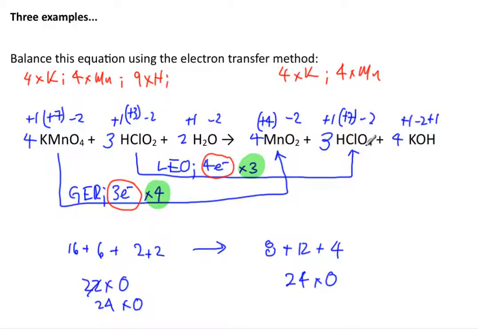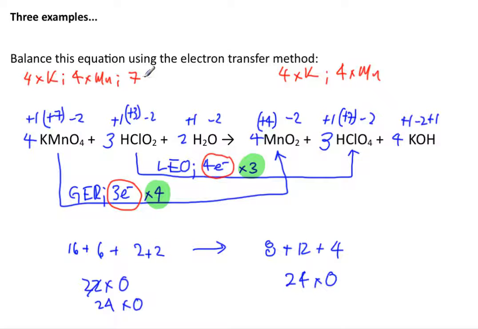And what do I have on this side? And so what do I have next? Hydrogen. So I have 3 times hydrogen plus 4 times hydrogen.